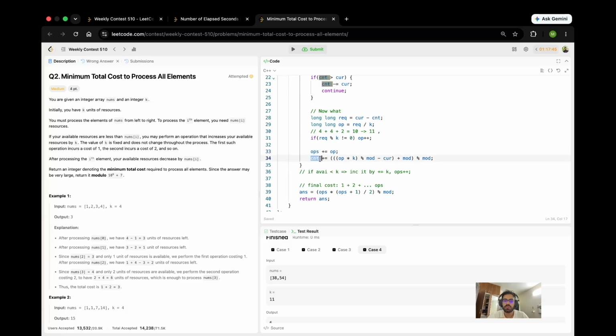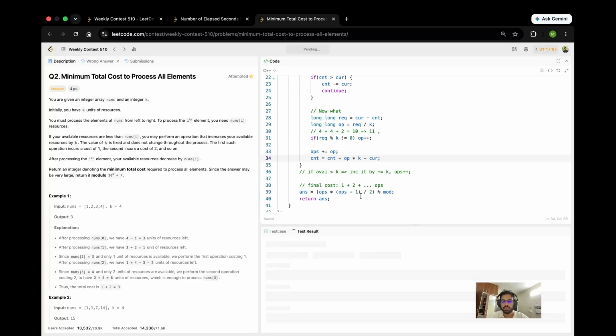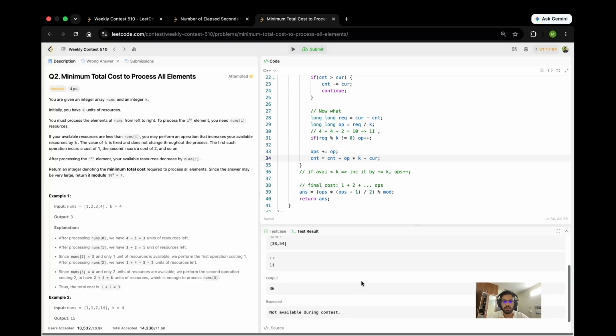What is the new value of count? Count will become, right, operations multiply by k. Yes, what is the current value of count plus operations multiply by k minus current element? Right, output 36. Now it's fine.